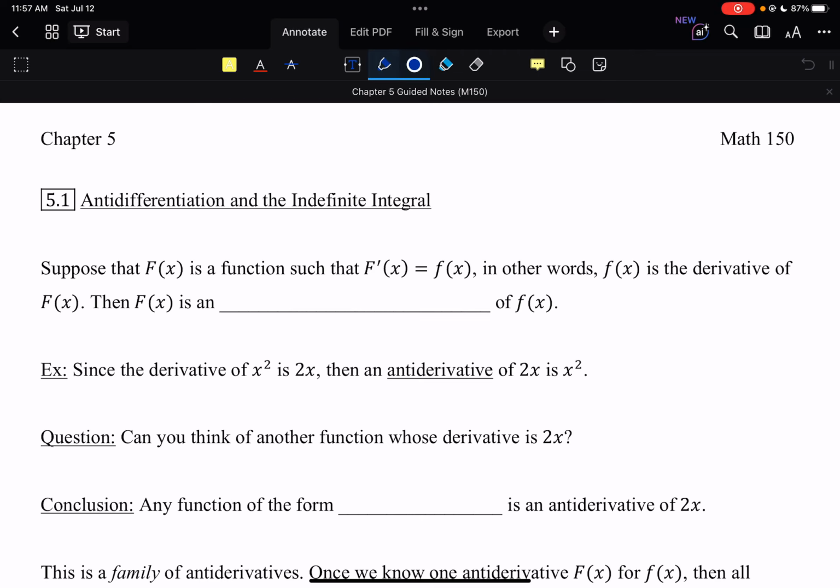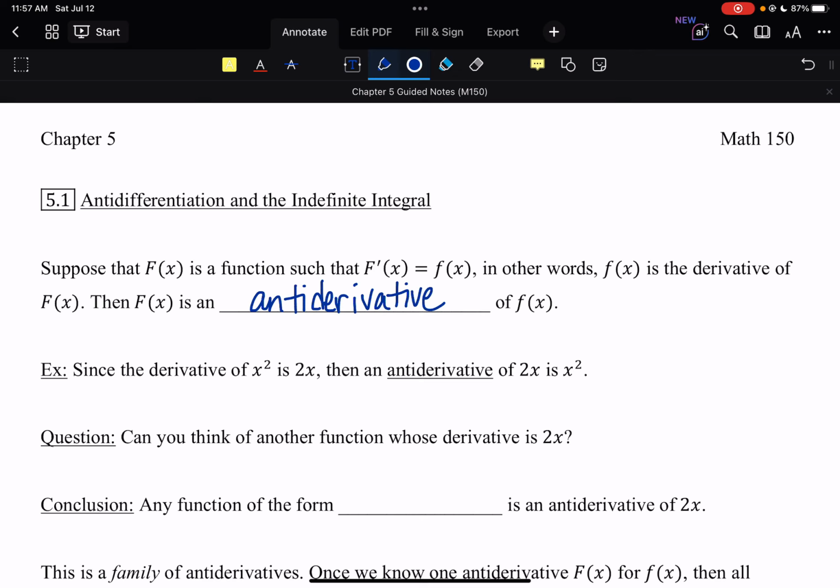So suppose that capital F of x is a function such that capital F prime of x equals little f of x. So in other words, little f is the derivative of big F. If little f is the derivative of big F, we say that big F is an antiderivative of little f.